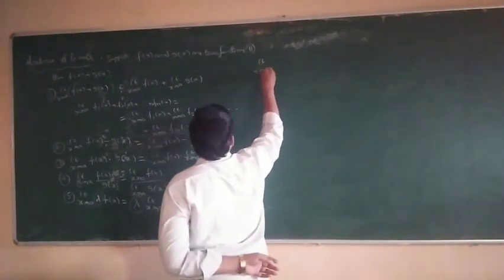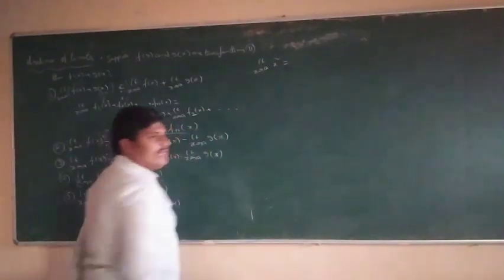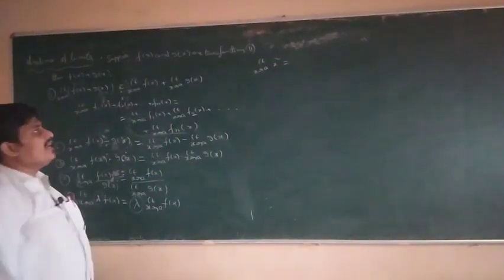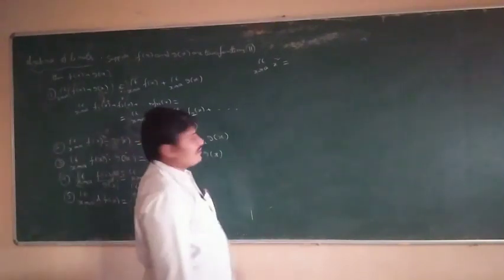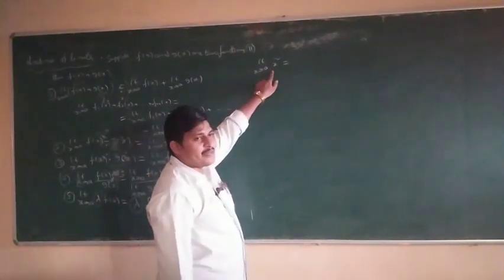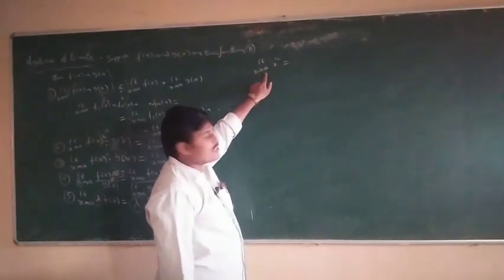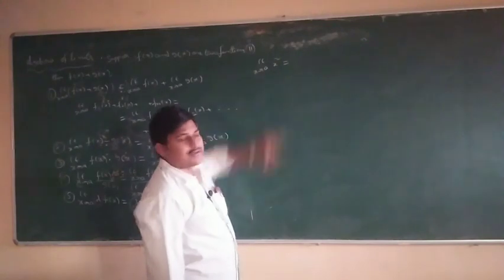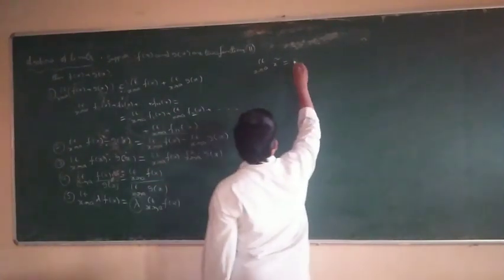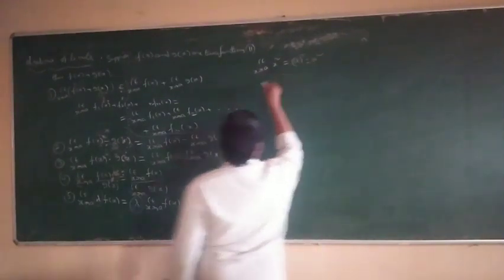Limit x tends to a, x square is equal to what? Substitute: x tends to a means x approaches a, means x is equal to a. Substitute x is equal to a in the given function. So a square.